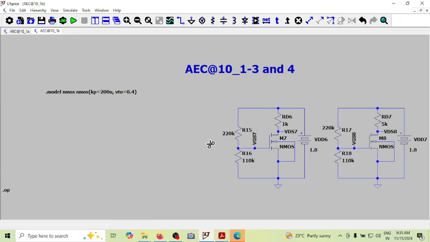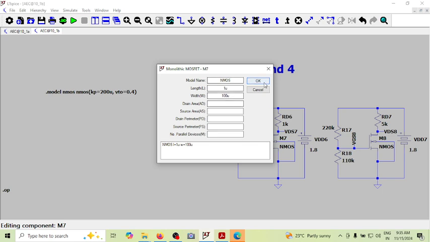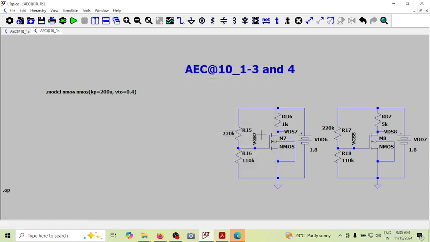Now you can see this is 220k, this is 110k, this is 1k. Now you can see this is 5k. The W/L is still retained as 100. If I run now, this I'll get as 400 microampere. This I'll get as 336. Now here this is in saturation region, but this is in linear region, so that you can see it here.